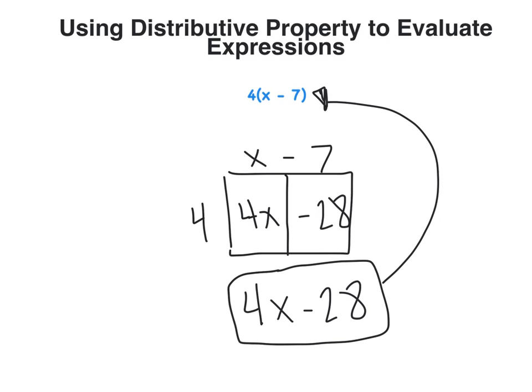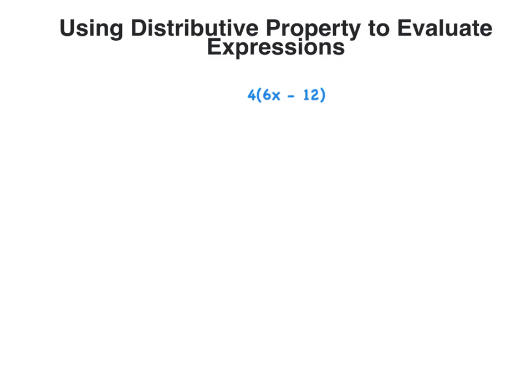And then we could evaluate it. We could say, what if we wanted x to be 4? And then on the other video we learned we could put that in as x and solve. Then you can combine your terms.